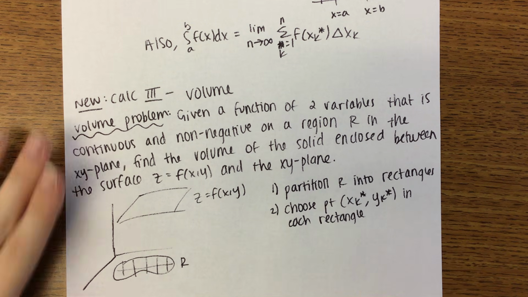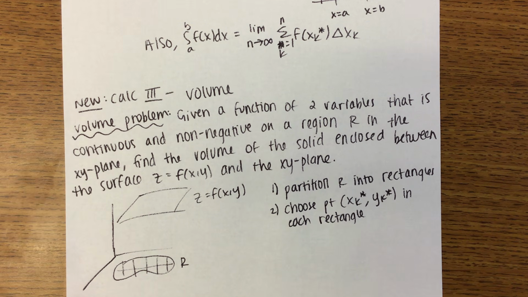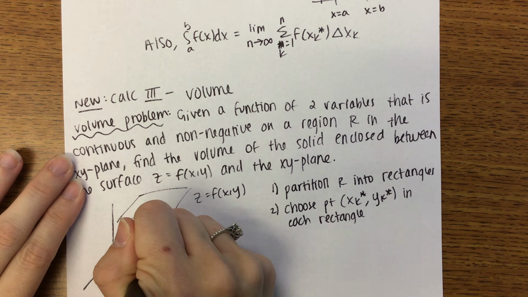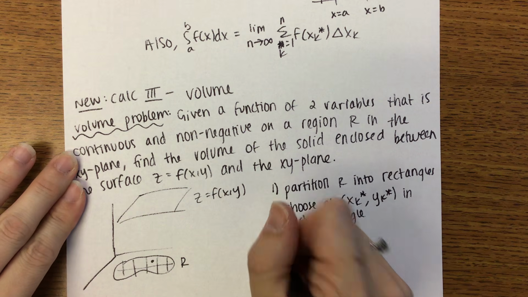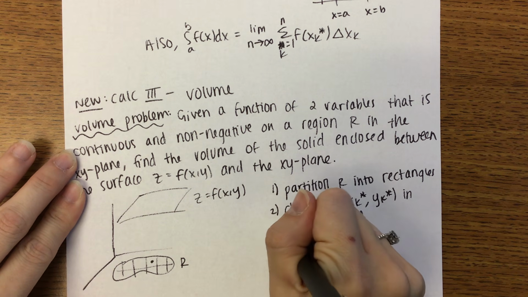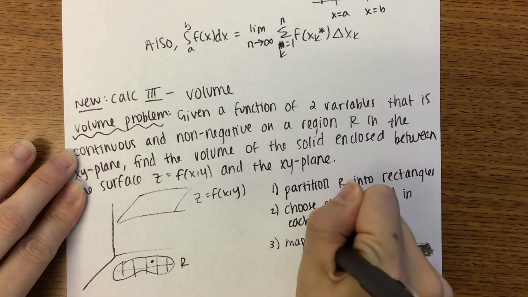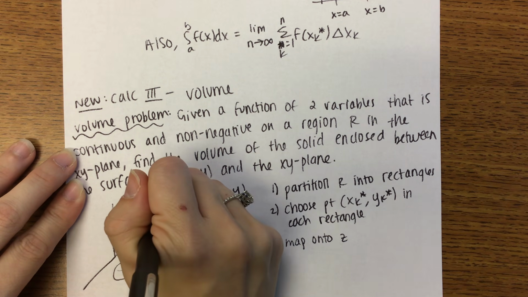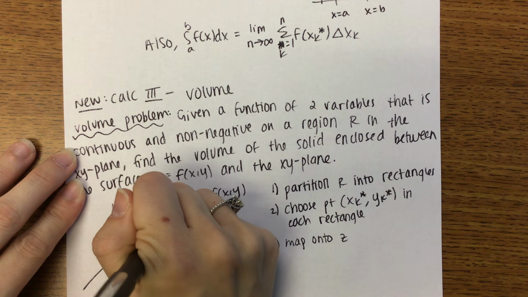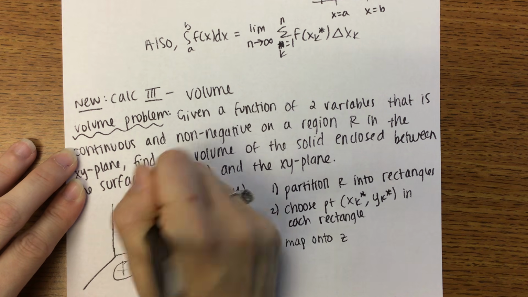Again, the star means it doesn't matter which point I choose. So maybe I'm going to choose this point right here. That's my x_k star, y_k star. And then I'm going to map that point onto my surface z. Maybe it's right there.